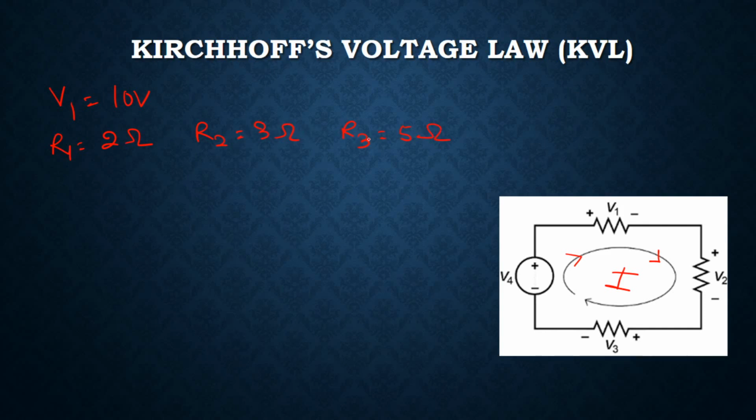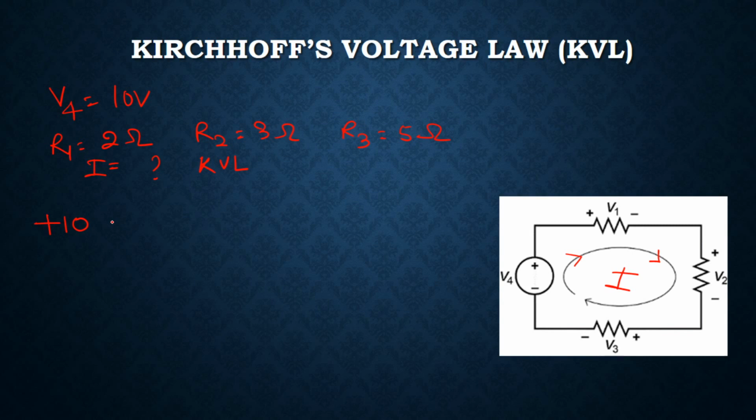I have to find the current in it using KVL. Now if I apply KVL here, V4 is equal to 10 volts. As it is moving from negative to positive, I will write it as plus 10.